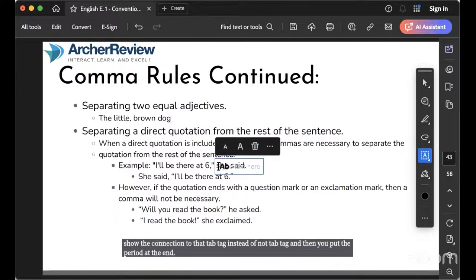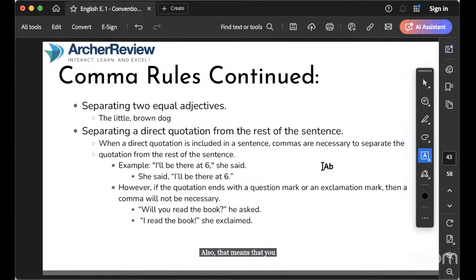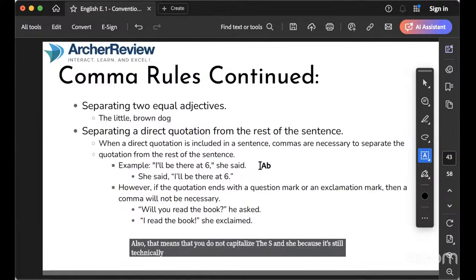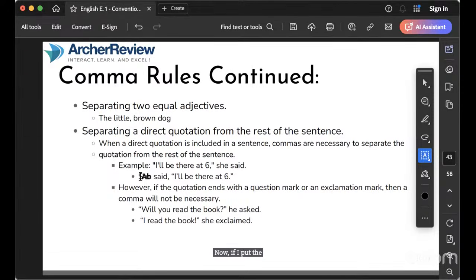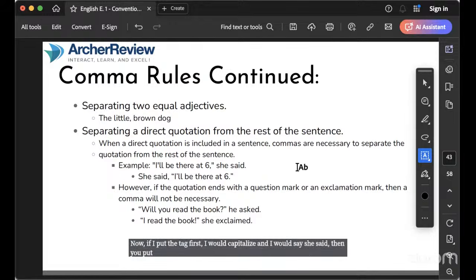Also, that means that you do not capitalize the S in "she" because it's still technically flowing through the sentence. Now, if I put the tag first, I would capitalize and I would say "She said," then you put the comma right behind that word "said," and then you carry on with the quotation and end it with a period.